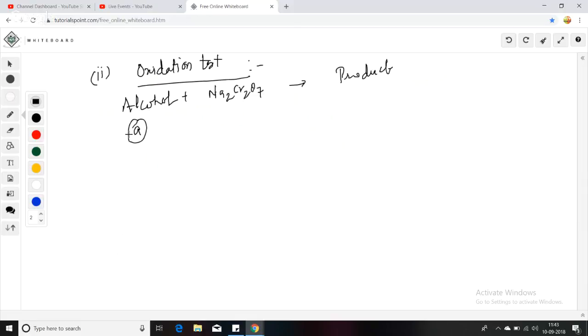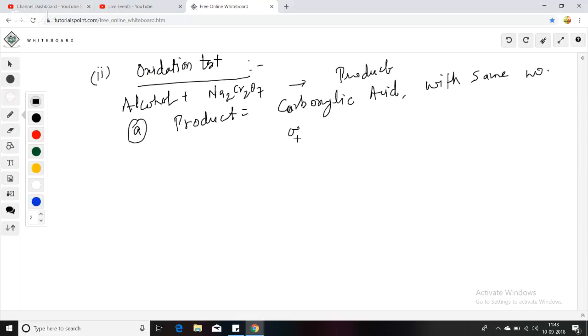If the product is carboxylic acid with the same number of carbon atoms, then the alcohol is what?